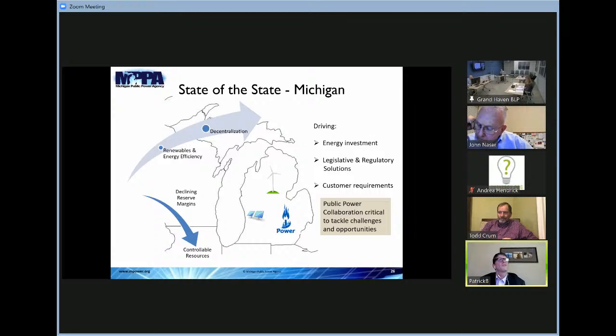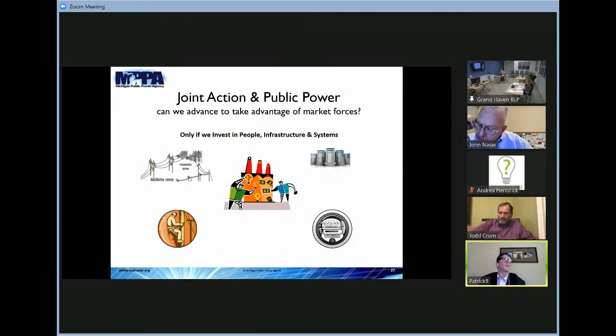And the final slide here is really a wrap up on joint action and public power. If you go across the United States, the vast majority of public power utilities are part of some form of power supply consortium, a joint action agency. We're really working together to find ways to share resources, and probably more than ever now, share technology and knowledge so that we can compete and succeed in this business, which is becoming incredibly complex.